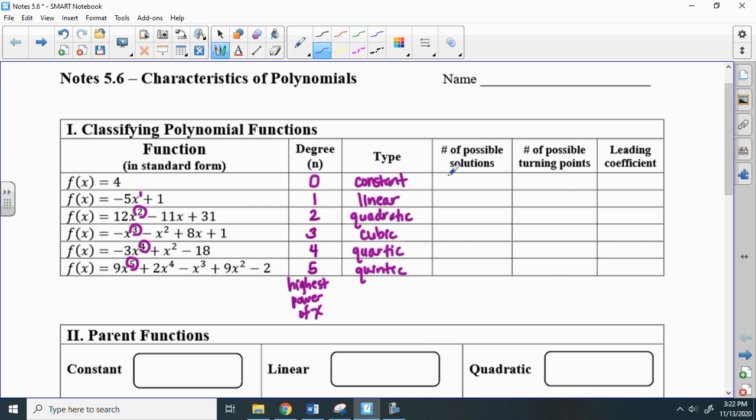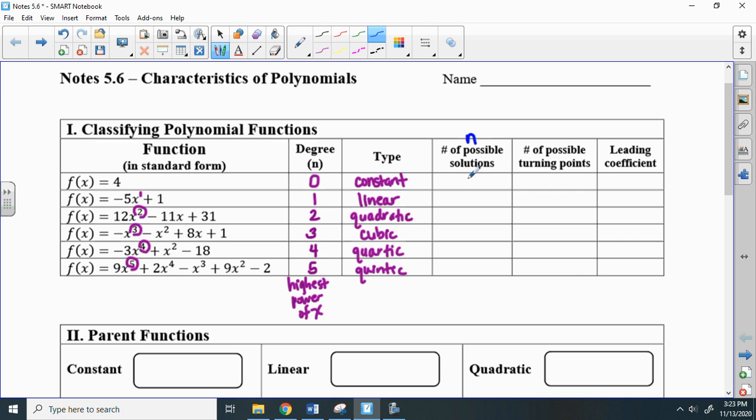So what does that tell us about the number of possible solutions? Well, we looked at this when we were solving higher order polynomials. Remember that the highest power of x can tell you the number of possible solutions that you will get. So the number of possible solutions is actually the same exact number as the degree, and again, we call the degree n as a generic term.